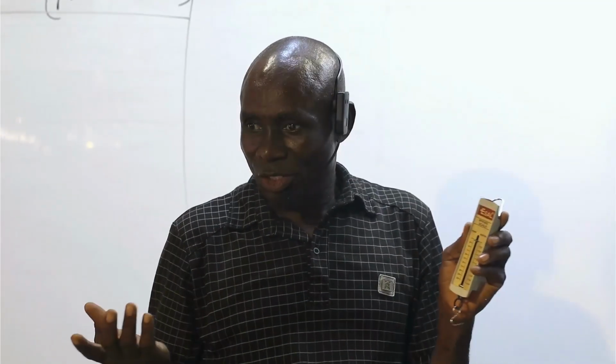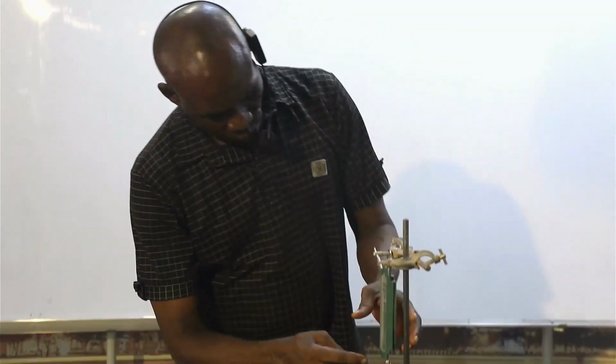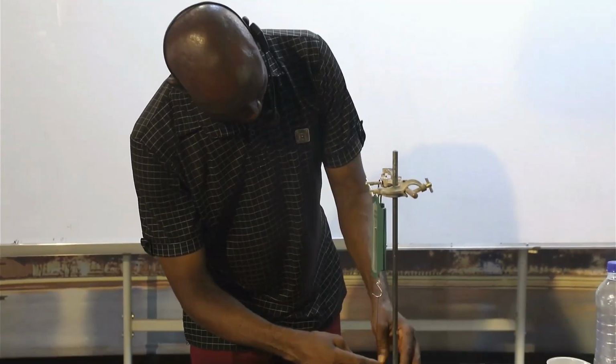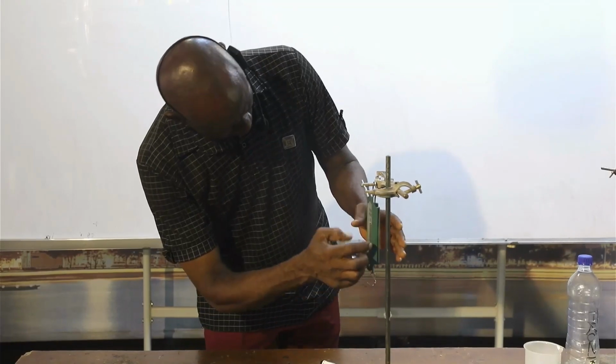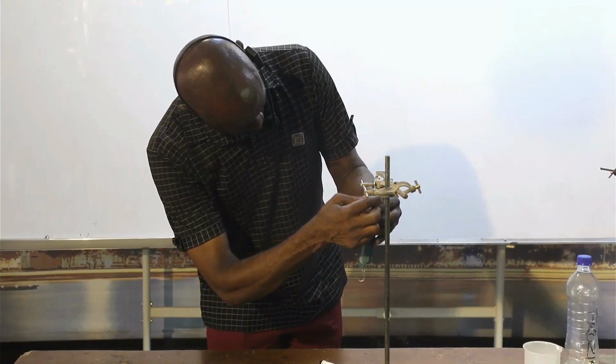You must correct the zero error of the instrument before you make use of it. That's one. You can't just pick an instrument and start using it. So this is the zero error now. It is exactly a zero. The same thing with this one hanging. This is exactly a zero.